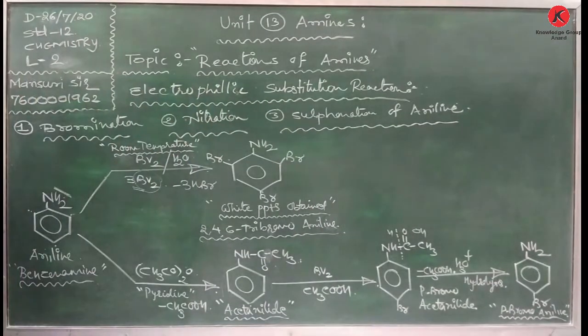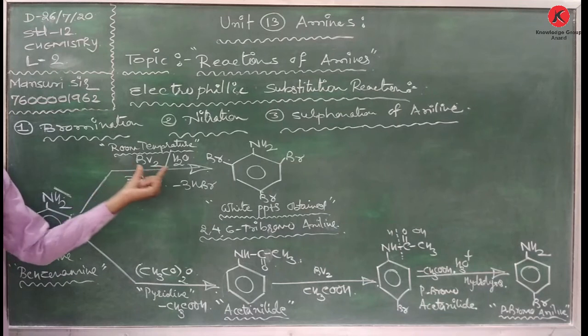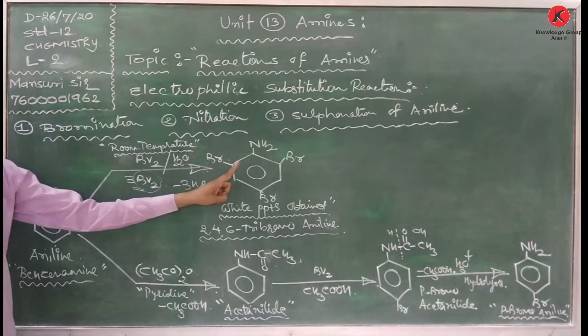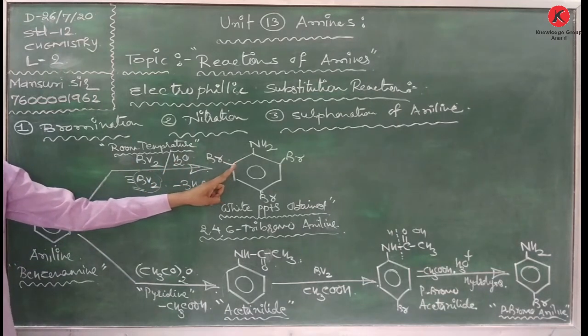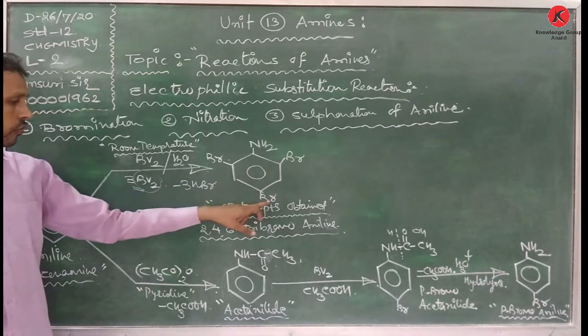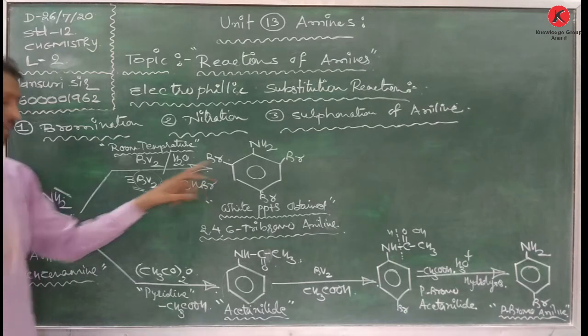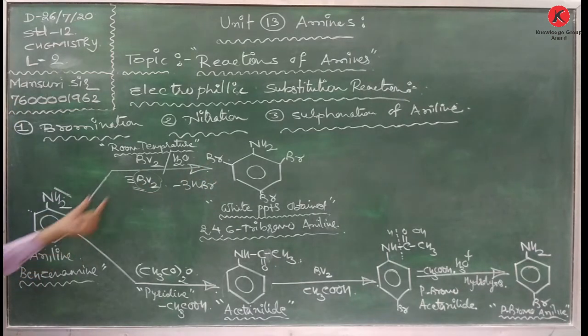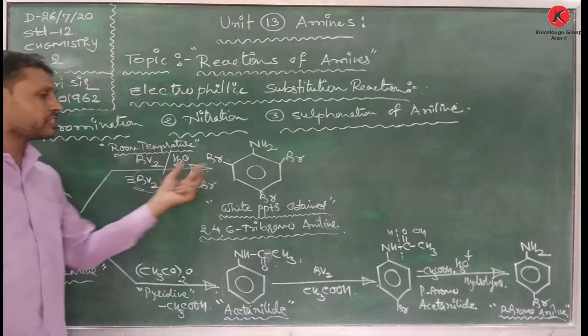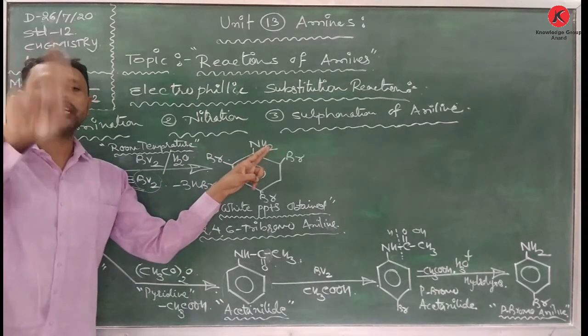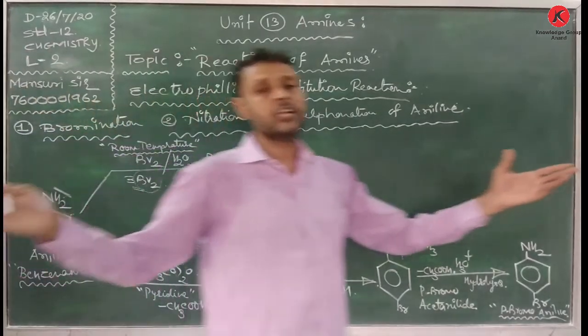So we can say that when aniline reacts with bromine water, then at the third stage, 2, 4, 6 tri-bromo derivatives of aniline is obtained. So aniline reacts with Br2 water at room temperature, then 2, 4, 6 tri-bromo aniline is obtained.